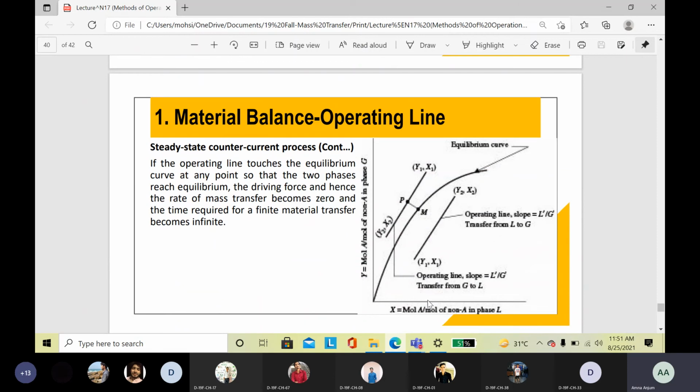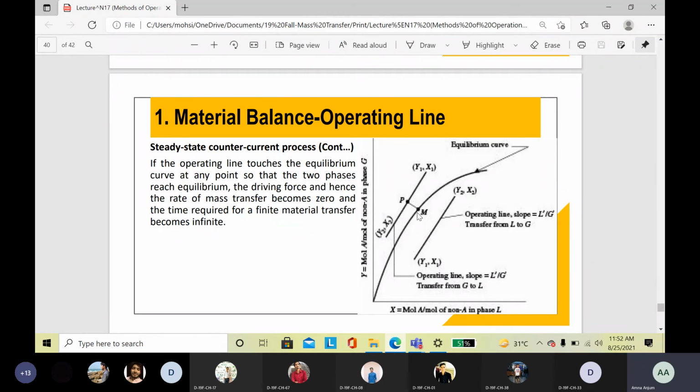If the operating line touches the equilibrium, अगर हमारे पास operating line जो x1 y1 और x2 y2 वाली लाइन है, अगर ये टच करेगी इक्विलिब्रियम कर्व को किसी भी पॉइंट पे, so the two phases reach the equilibrium, the driving force and hence the rate of mass transfer becomes zero at that point, and the time required for a finite material transfer becomes infinite.